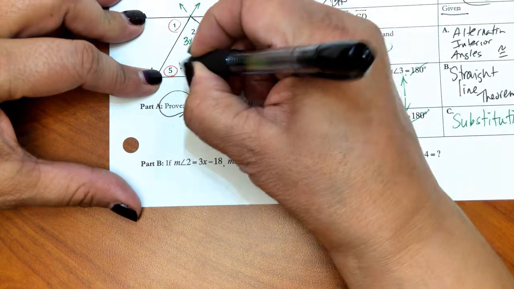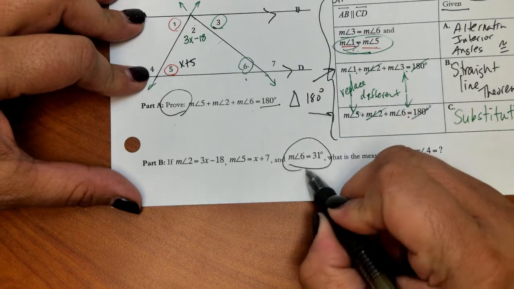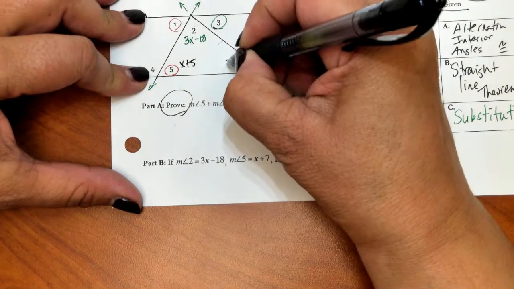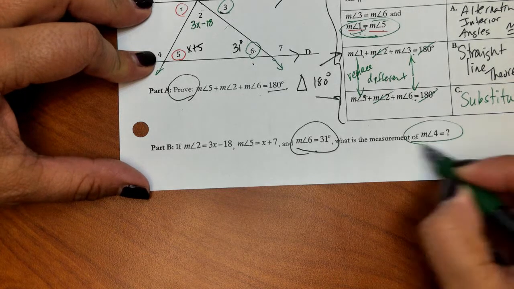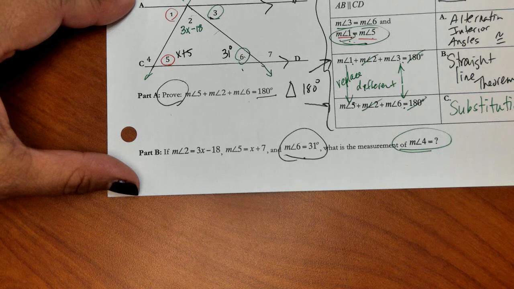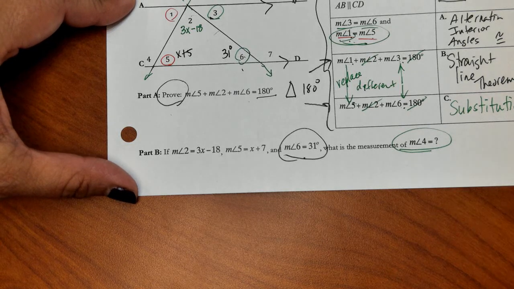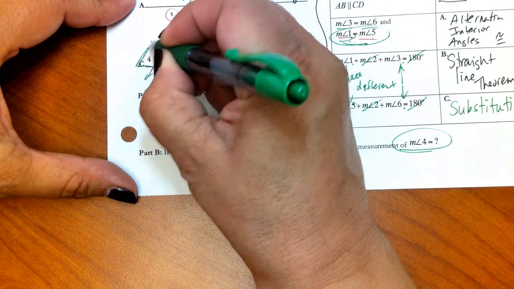So I'm going to go ahead and write that in there. Okay? And they also gave you that the measure of angle 6 is 31, so you get to add that in. There's no algebra there. Now, they're asking for, be very careful, they're asking for 4, so I'm going to highlight. Where is 4 at? Okay, 4 is way over here. So this is the guy we're looking for.